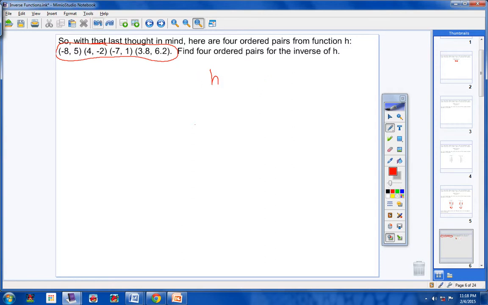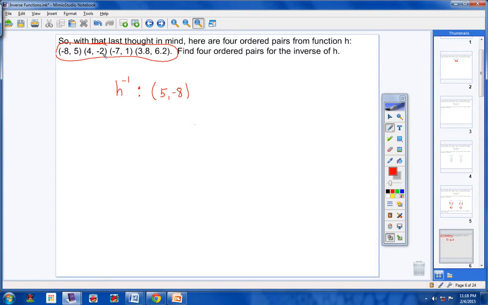So with that in mind, since these ordered pairs are from the function h, I would like you to list out 4 ordered pairs from h inverse, okay? So here they are. Think it's so easy, guys. If negative 8, 5 satisfied h, then 5, negative 8 would satisfy h inverse.